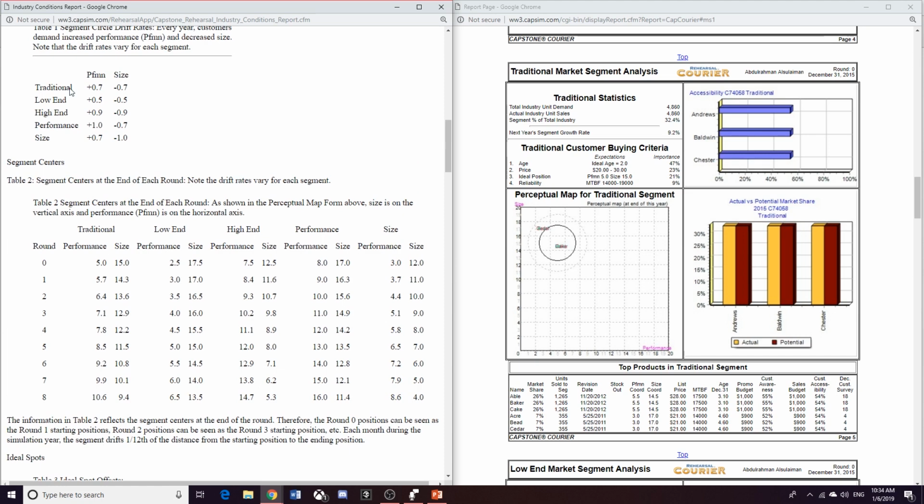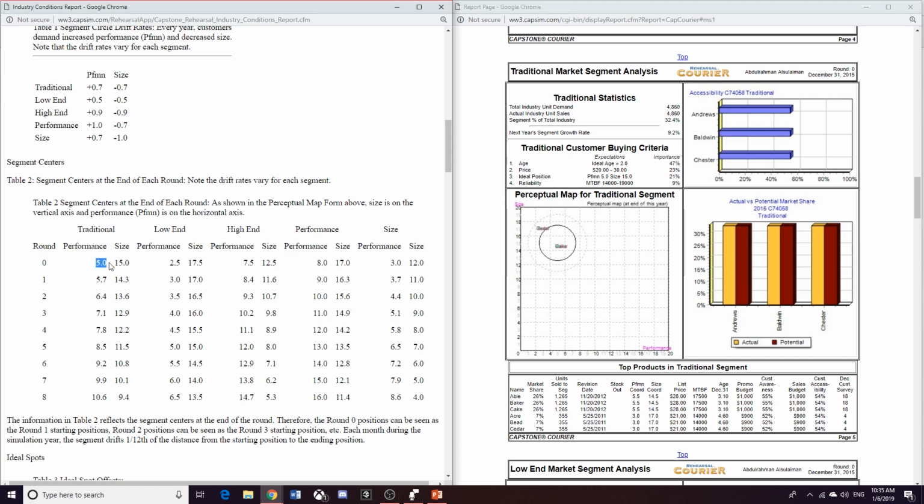So we knew before that the traditional segment's drift is plus 0.7 performance and negative 0.7 size. And we saw here, it did happen. The traditional segment at the end of round 0 was 5 for performance and 15 for size.